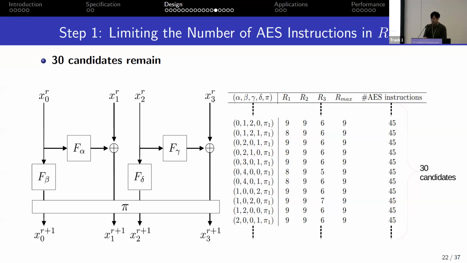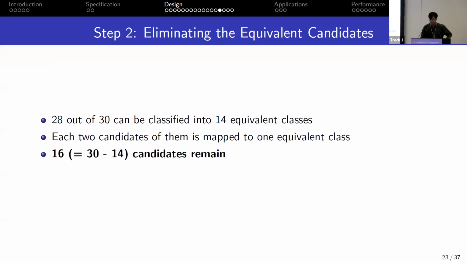In the first step, we restrict the number of AES instructions to implement the construction to 45, and there are 30 candidates whose Rmax is 9 and which we can implement in 45 instructions. So 30 candidates remain after this step.